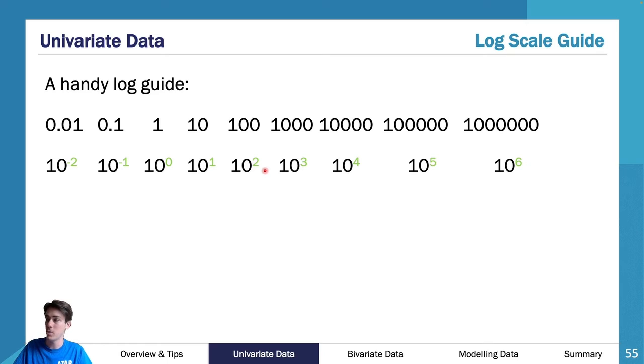A log of 3 is 10 to the power of 3, which is 1,000. A log of -1 is equal to 0.1. So if my interval is between a log value of -1 to 0, I'm between 0.1 and 1. If I'm between a log value of 0 and 1, I'm between 1 and 10. So that is your guide.